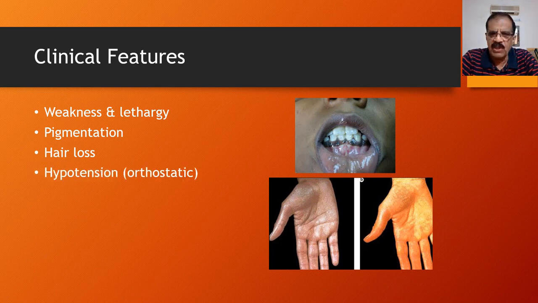And then hypotension. Again, hypotension may be common in otherwise normal healthy people, but especially if there has been a recent change in blood pressure without any medication for blood pressure, and especially if there is orthostatic hypotension. That means you check the blood pressure in the sitting position, then you ask the patient to stand up for a few minutes and check it again.